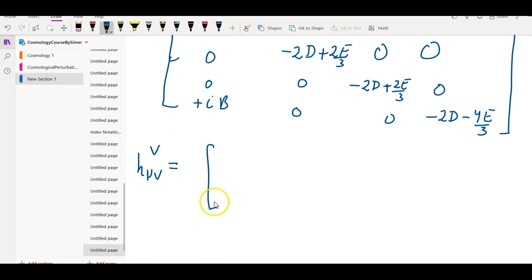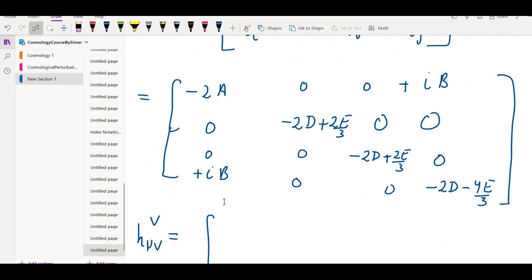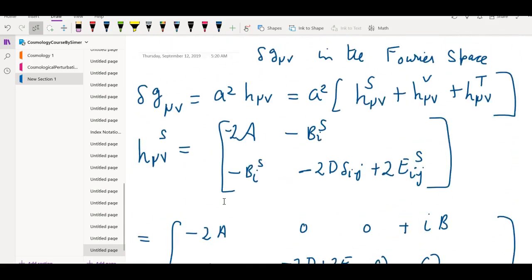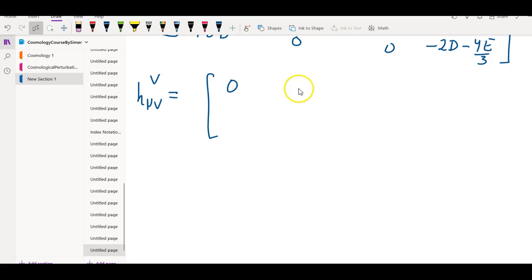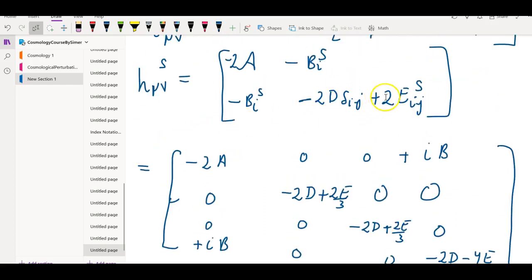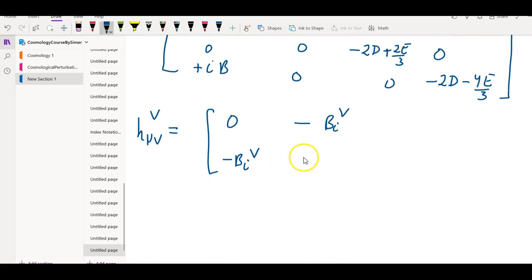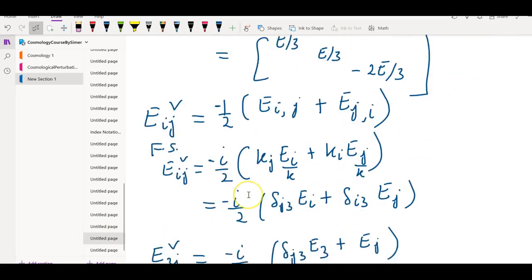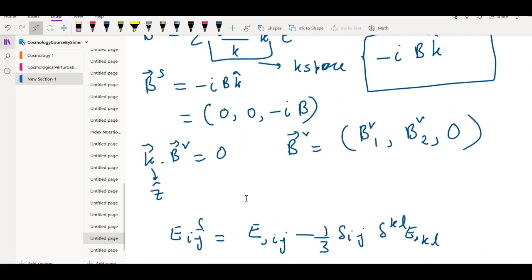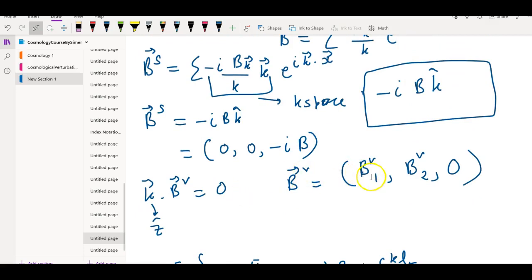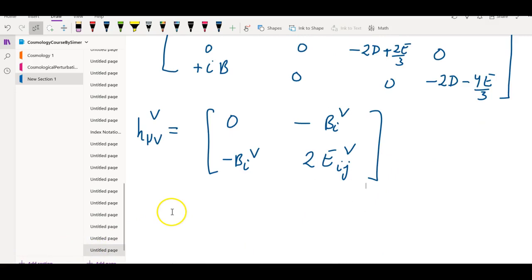Vector part of h mu nu is, we have this is 0 and this will be minus bi vector, minus bi vector, and then plus 2eij vector. So what is bi vector? B1v, B2v.